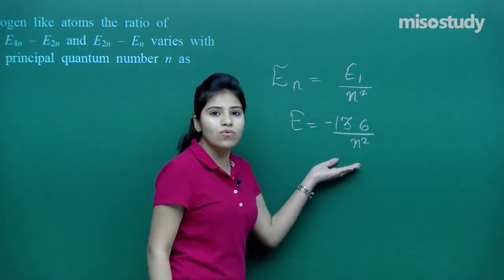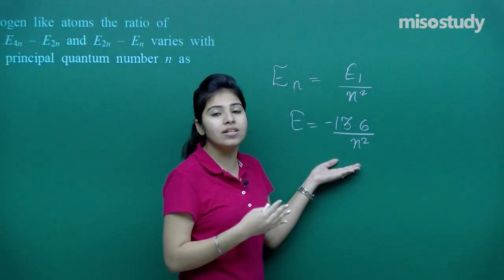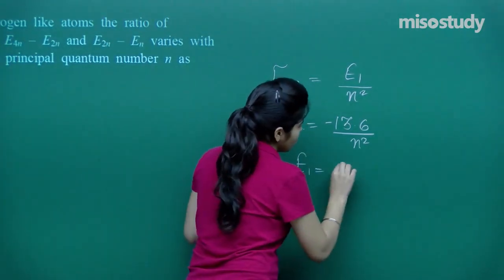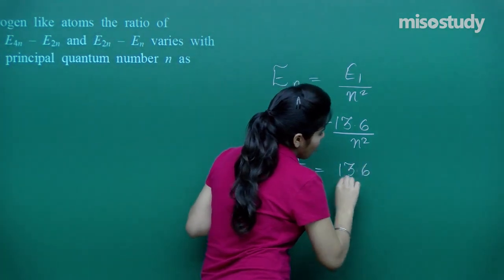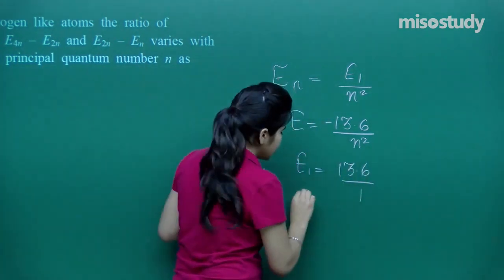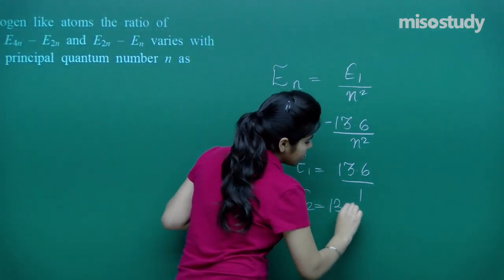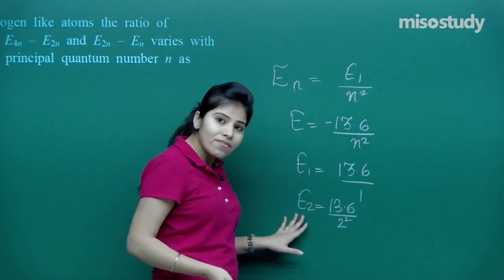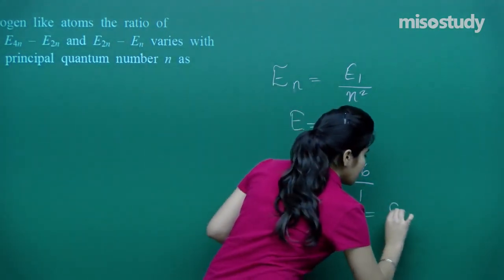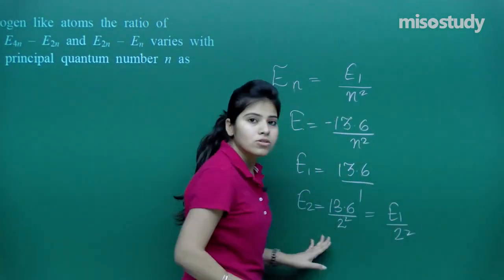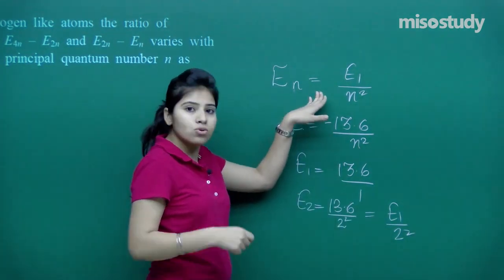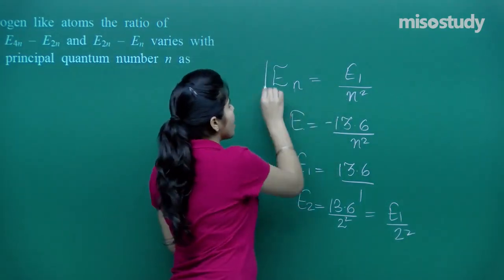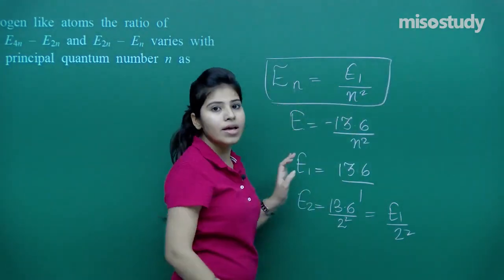Now if I want to find the energy for the first, second shell, E1 equals 13.6 upon 1, right? E2 will be 13.6 upon 2 square, that is 4. So can I write this E2 as E1 upon 2 square? So definitely it is going to be converted into this form if we write it for n. So we have En equals E1 upon n square.